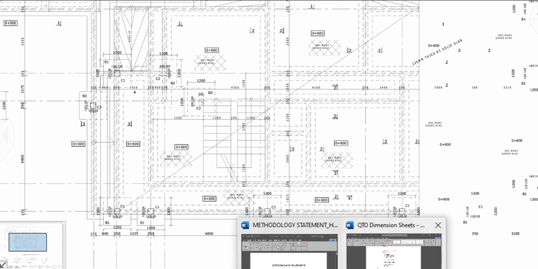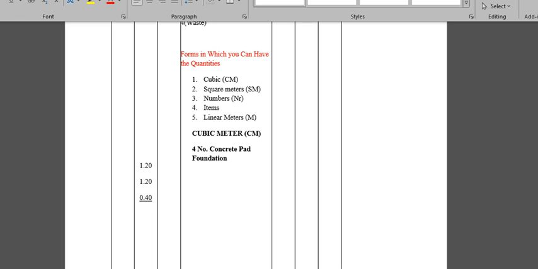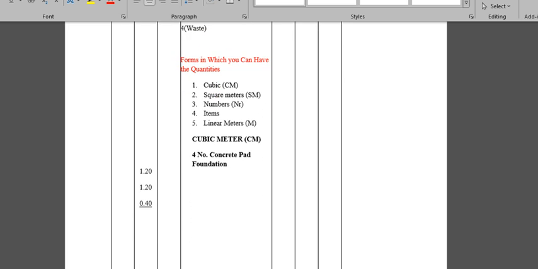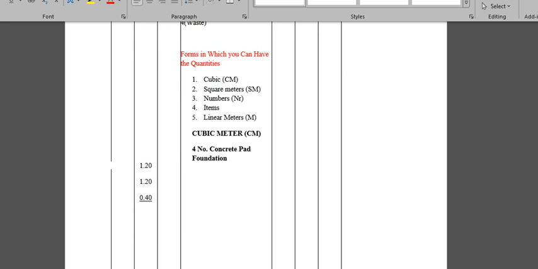So once you have that there are 4 number, you now want to utilize your timesing column. You are going to multiply by 4. So 4 times that. So 4 number columns, the dimensions have been entered, and now we are going to do our timesing column.